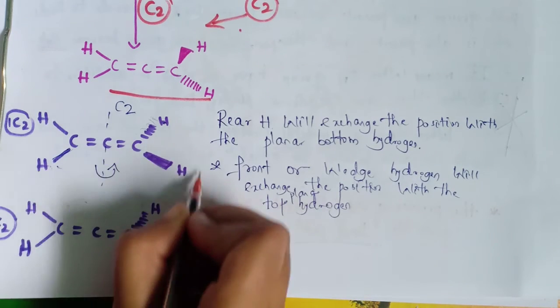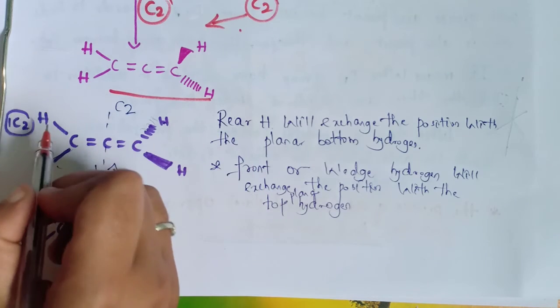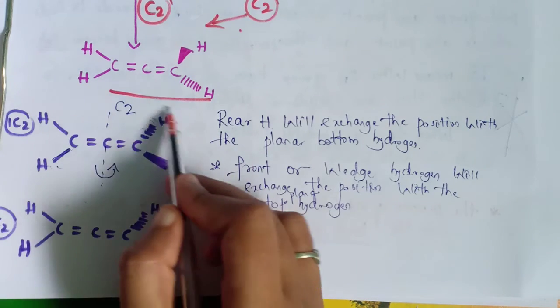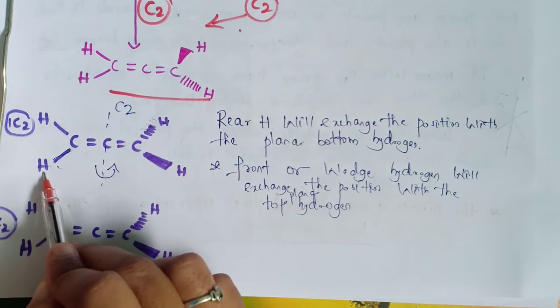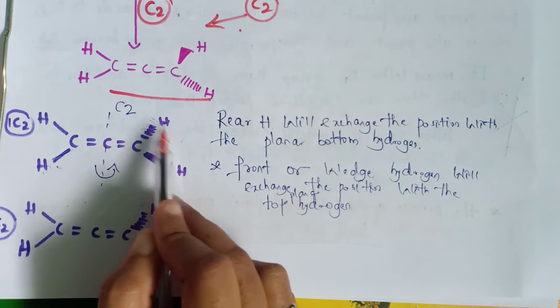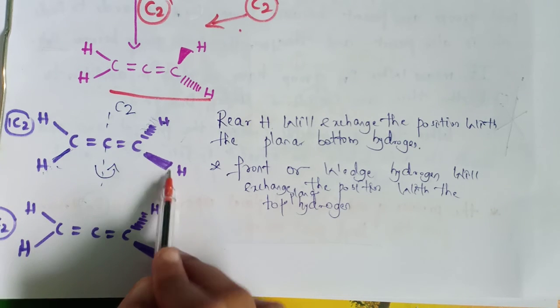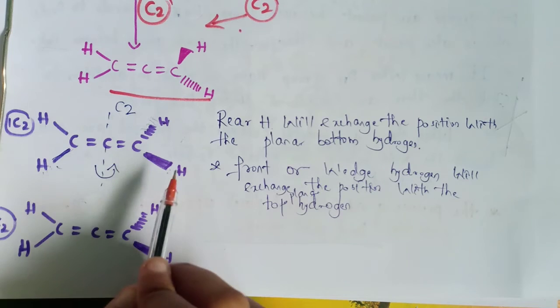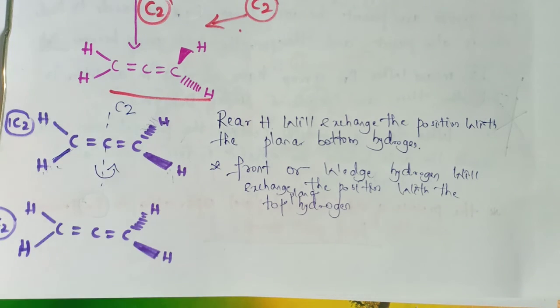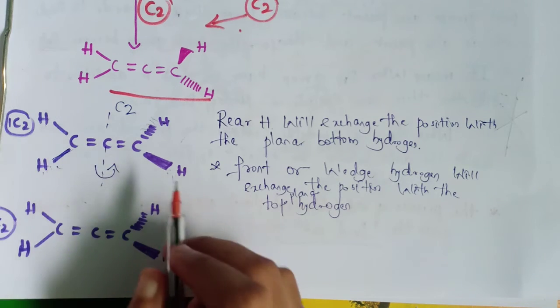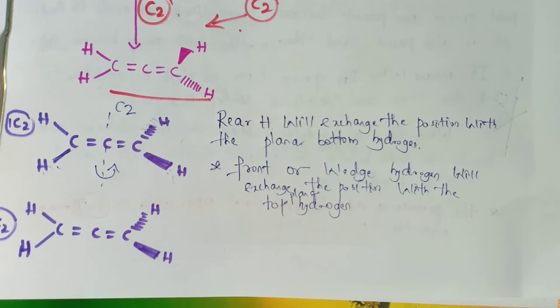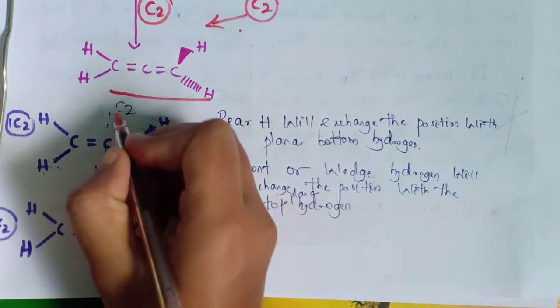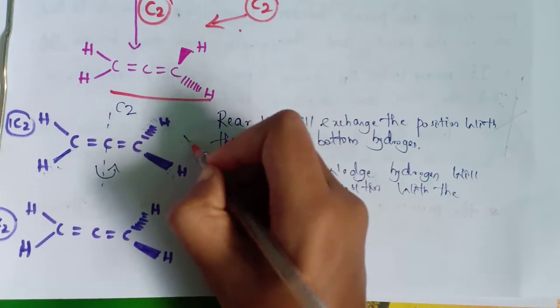This hydrogen will exchange its position with this top planar hydrogen, whereas this will come to this side and this will go to that side. This will go to the top hydrogen and this hydrogen will occupy its position. Again if I rotate by 180 degrees, it will occupy its original position. So a C2 axis of symmetry is also present in this.